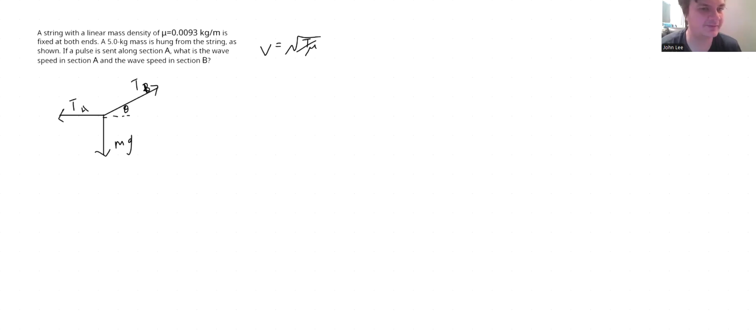The way that we find this is, generally, if we have a bunch of forces and we don't know what one of the forces is, but we know what the acceleration is. In this case, the acceleration is zero, because the acceleration of this point is something that we can call zero, even though it does technically go up and down a little bit along with the waves.